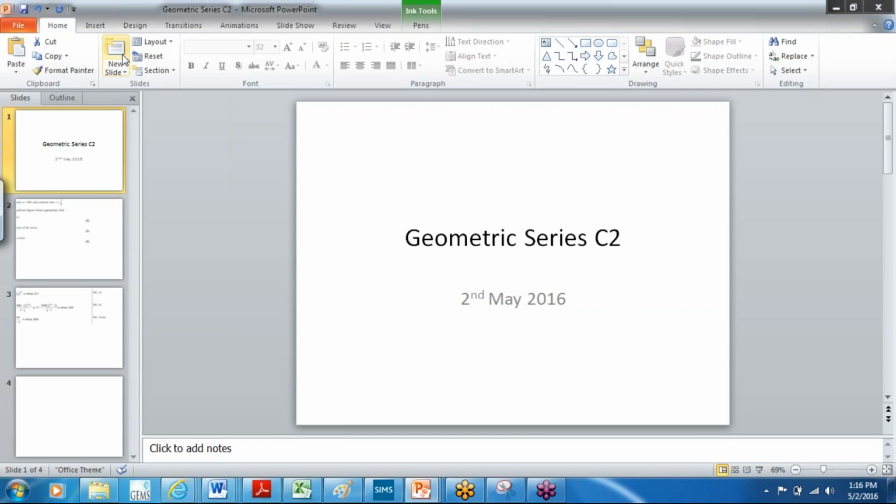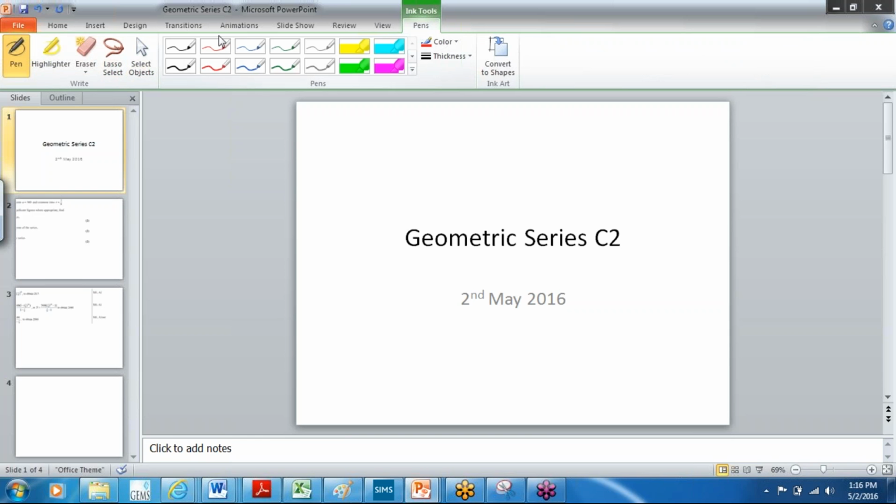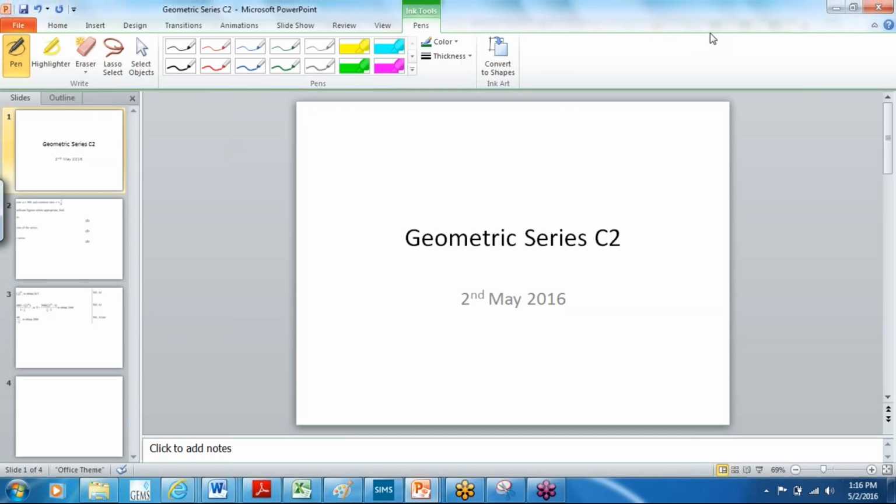You will see on your formula sheet geometric series, and one of those rules I'll start with is this one. You will see this rule, and you will see this rule.